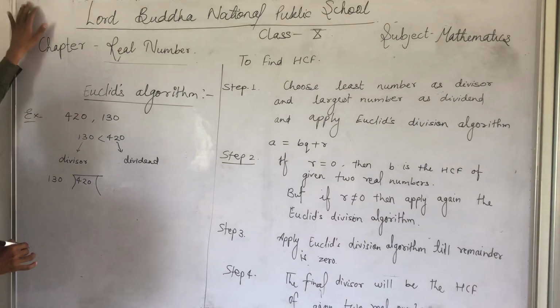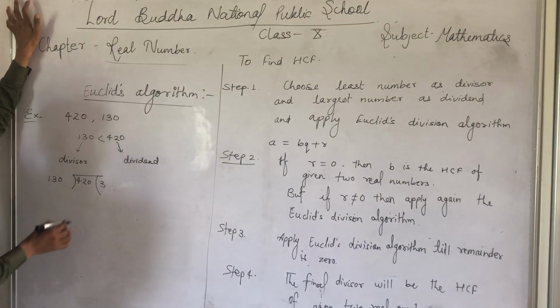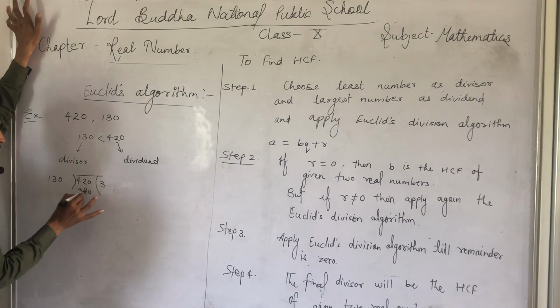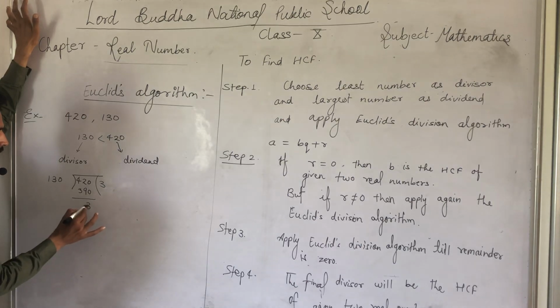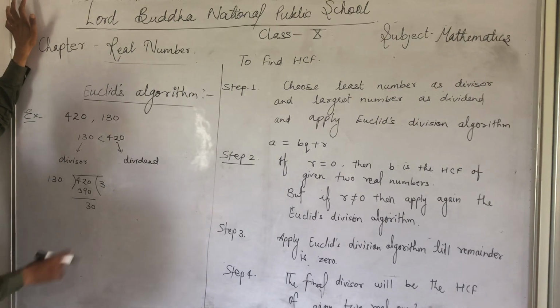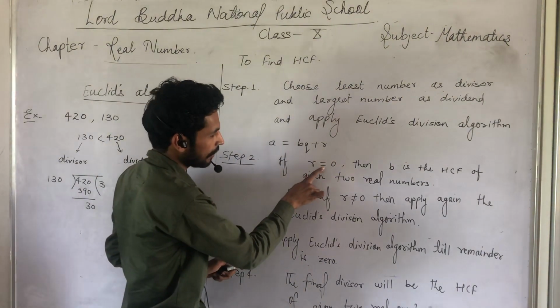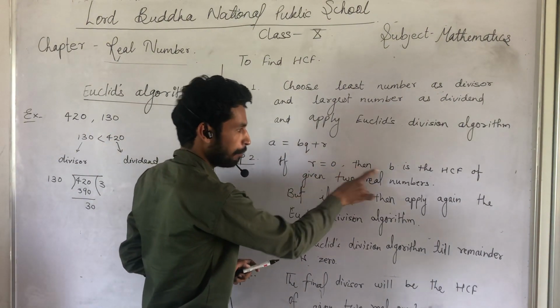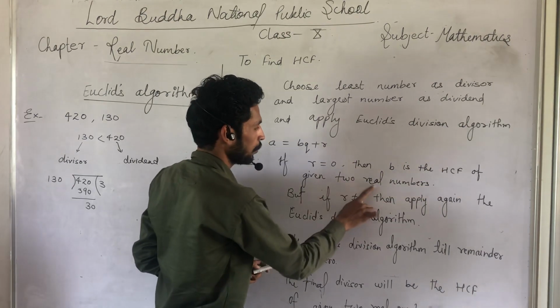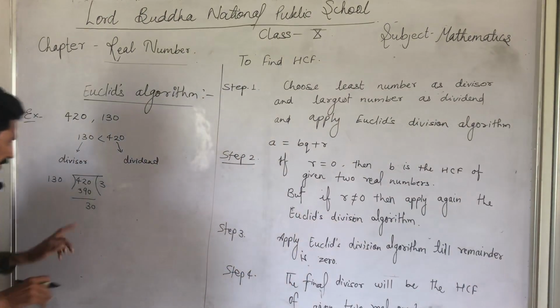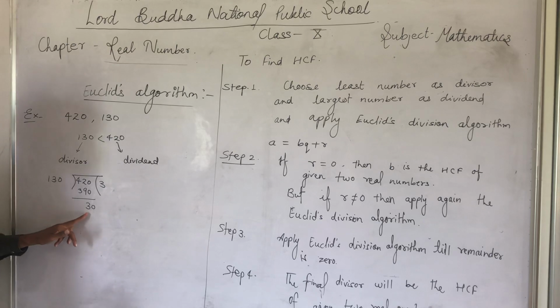Now we can go for 3 times, that is 390. The remainder is 30. In the second step, if r equals 0, then b is the HCF of the given two real numbers. But we can see here the remainder is something.